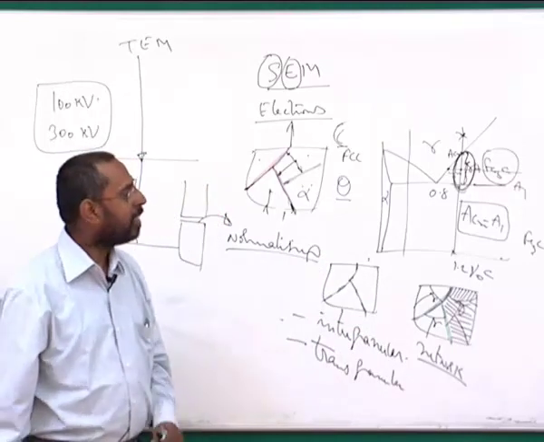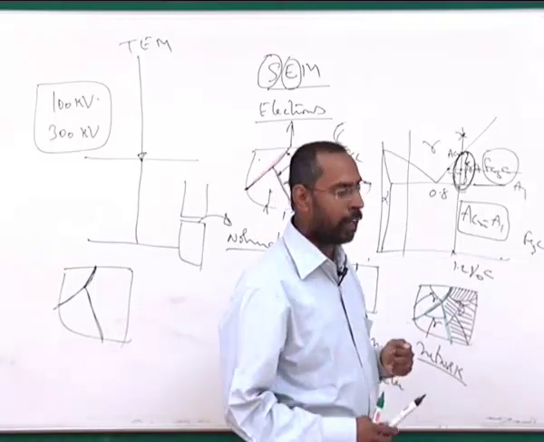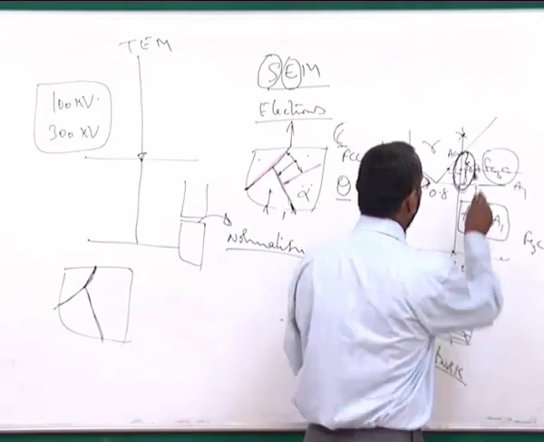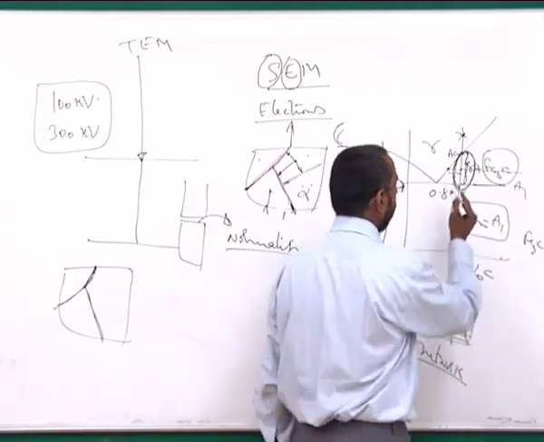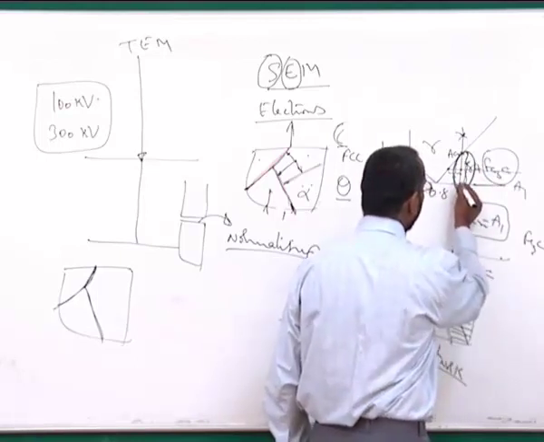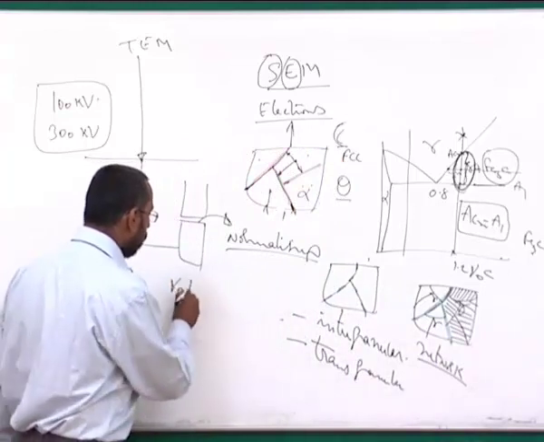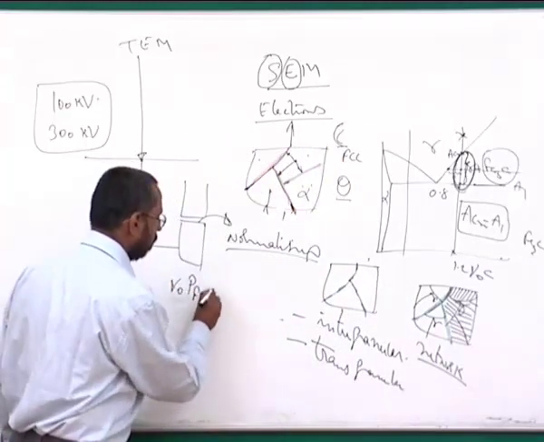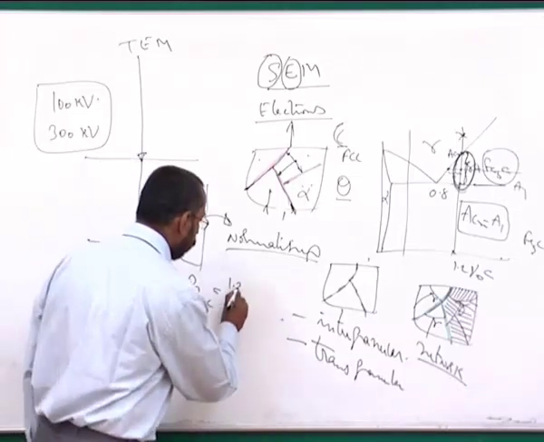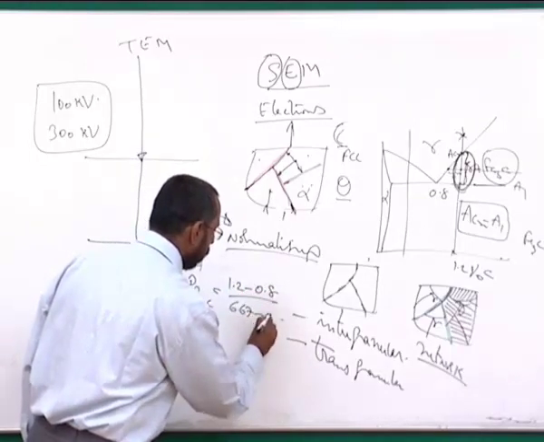This is one aspect. The second aspect is that when you are cooling it faster, because the time available is smaller, whatever is the total cementite that is supposed to come out according to the phase diagram, for example, if I take this 1.2% carbon steel and come to just above the eutectoid, if you calculate the amount of pro-eutectoid cementite, you will see that it is nothing but 1.2 minus 0.8 divided by 6.67 minus 0.8.